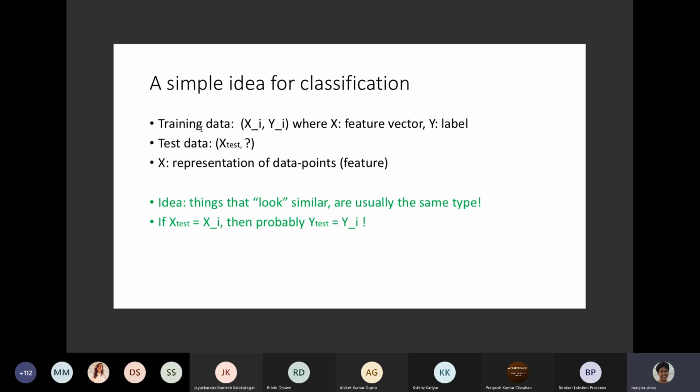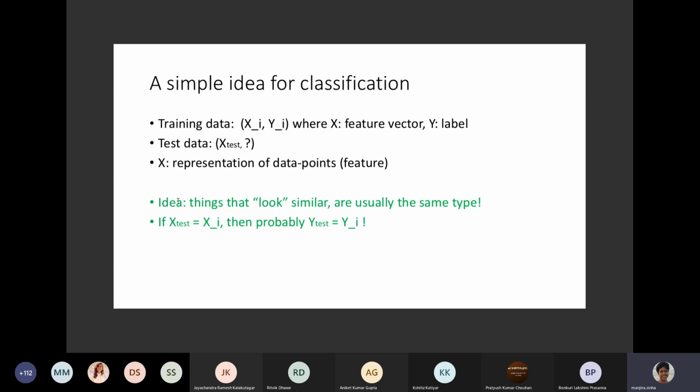And we have the test data, that x test, that is the new item or new data point, and we have to predict its label. And x here is the representation of the data points or the features. So the features, as we have described, can be the type of material, the price range, the color, the brand, or the size.